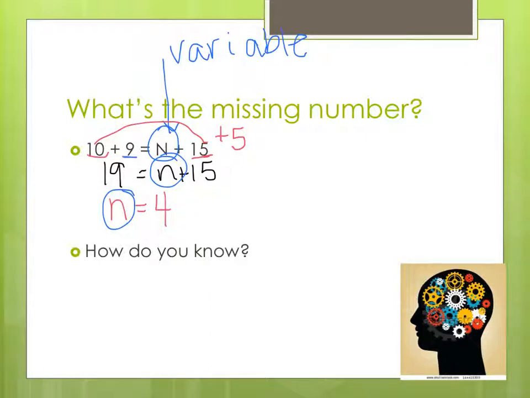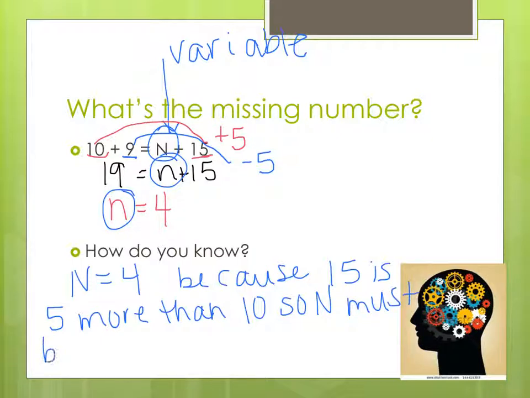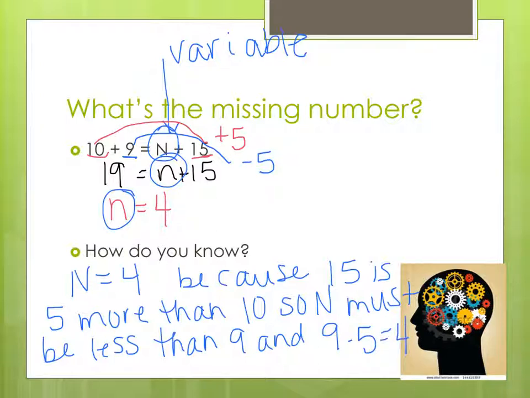That tells me that my missing number has to be 5 less than 9, and tells me that my missing number is 4 because 15 is 5 more than 10, so n must be 5 less than 9, and 9 minus 5 is 4.